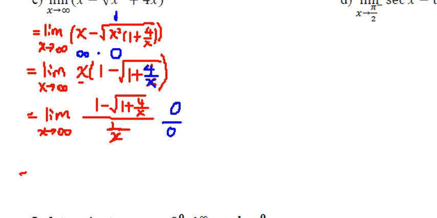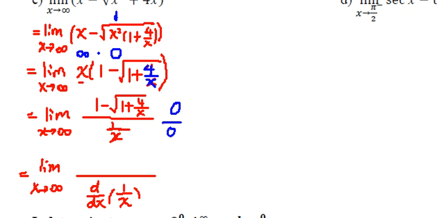So this is what I do. The limit as x approaches infinity. Let's take a look at the bottom. What's the derivative of the bottom? The derivative of 1 over x. And for the top, the derivative of 1 is going to be 0.